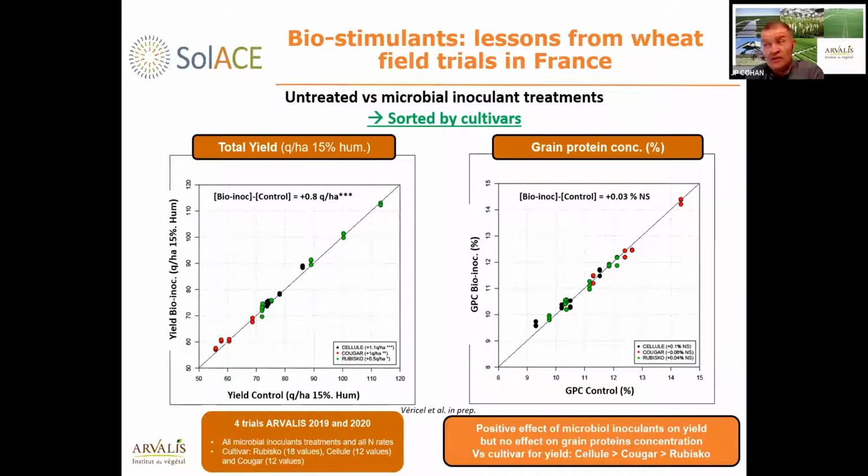So this is a significant positive effect of the bio-inoculant on yield. And we can see some various effects according to the cultivars. You can see Cellule and Cougar seem to show a greater effect than Rubisco, for example. Concerning the grain protein concentration, we don't see any effect of the bio-inoculant on this variable.